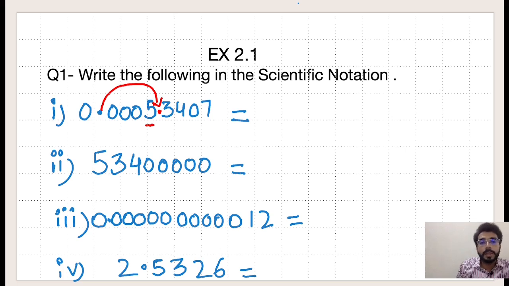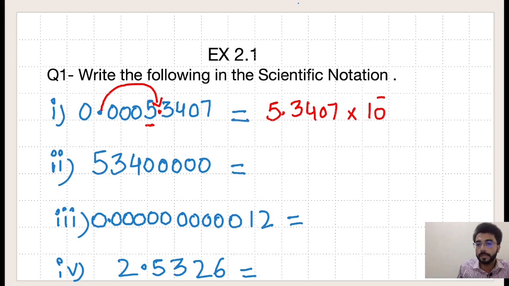So the decimal point is moving from left to right, so the exponent will be negative. It will become 5.347. How many digits have we moved? We have moved 4 digits. It will become negative 4.